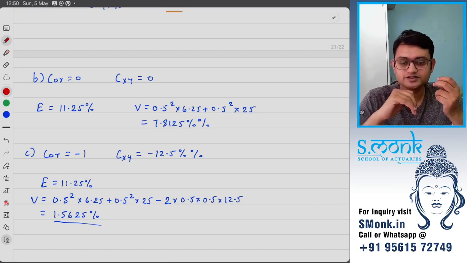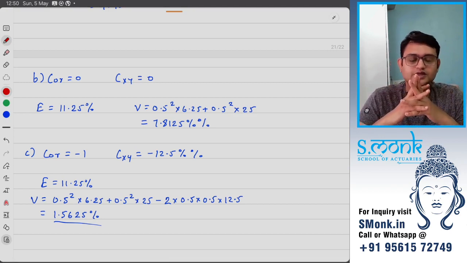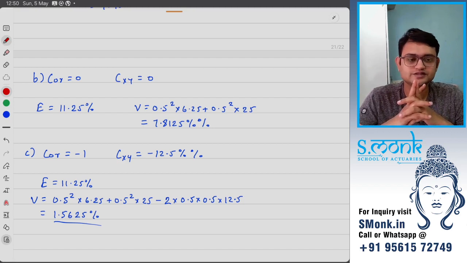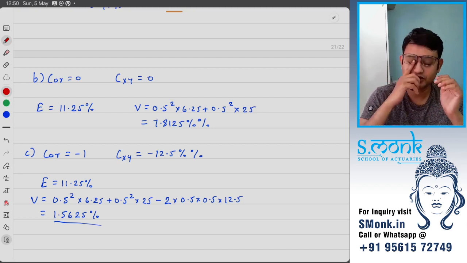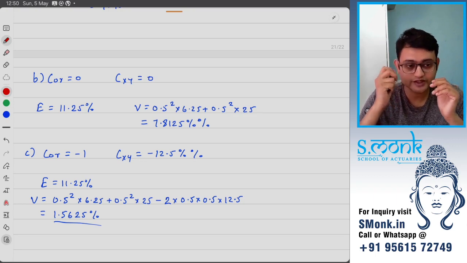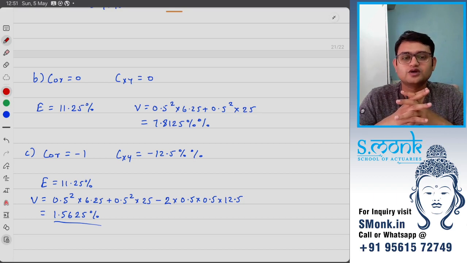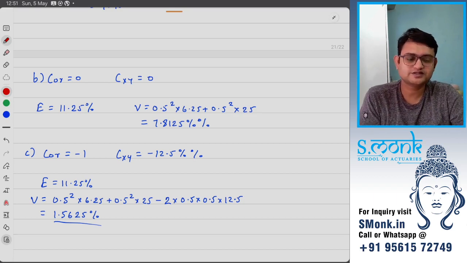So in this case, I'll give you a simple example. Say I'm talking about Tata Steel and HP Petroleum. If petrol prices increase, see, petrol is one of the essential commodities, so people will not just stop using petrol because the prices have increased.